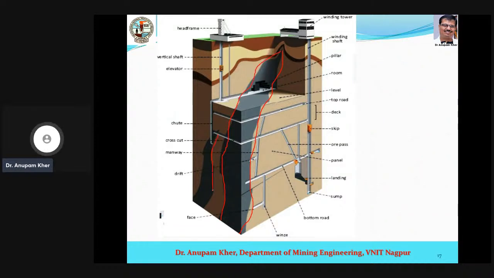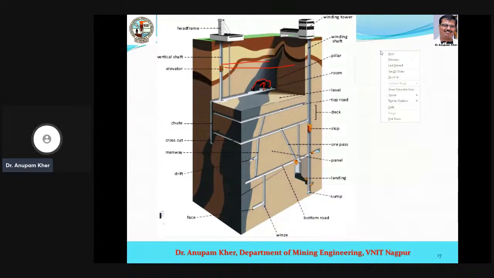This is another ore body here. So how it is being developed. This is one level, this is another level, this is the third level, this is the fourth level, as can be seen in the diagram very clearly. This is a kind of overhand, that we are moving from this level and probably we'll have some level which is made here.